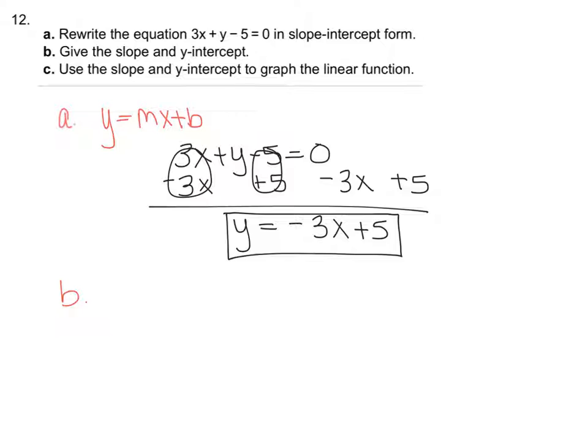Part B. Give the slope and y-intercept. Now from part A, we know that y equals negative 3x plus 5. And my slope is represented by the number in front of the x. So my slope is negative 3.